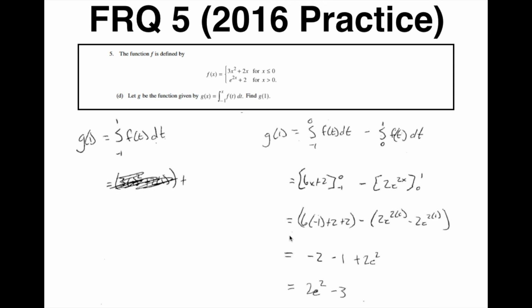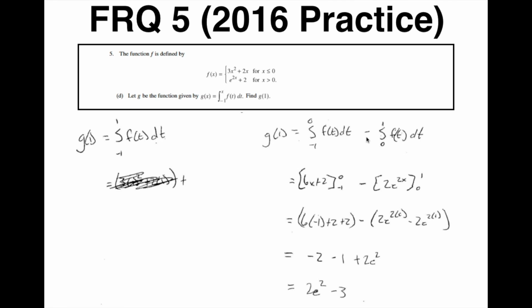Student B writes this correctly and then also recognizes that there are 2 different parts to consider in the integral from -1 to 0 and from 0 to 1. This is wrong.